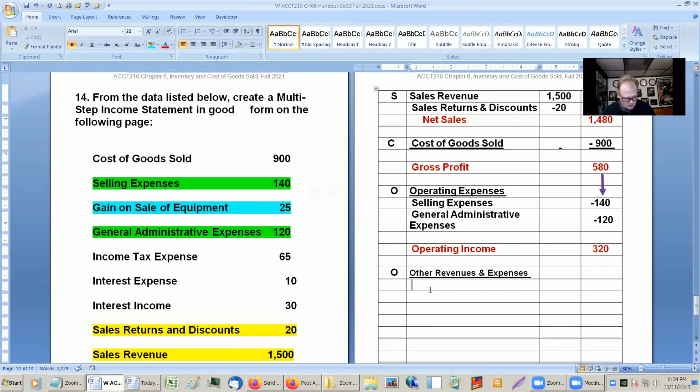Okay, gain on sale of equipment, plus or minus? Gain is a gain, plus. Yep.